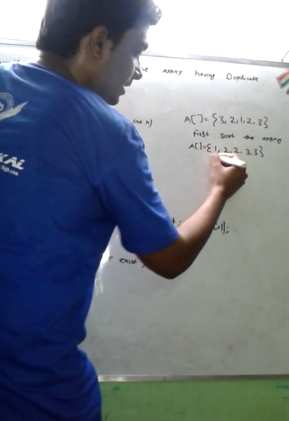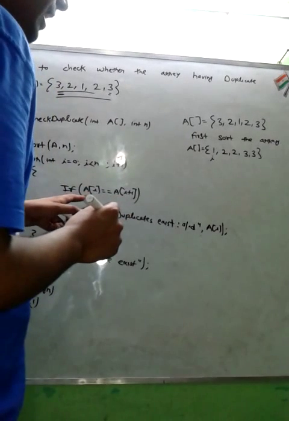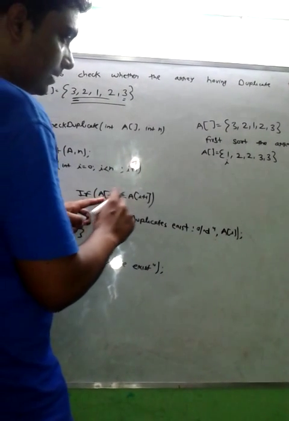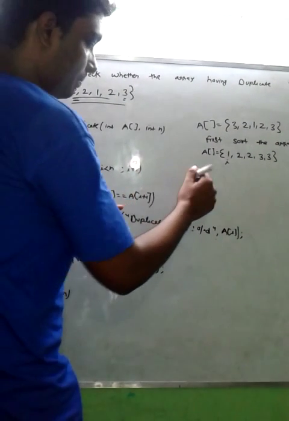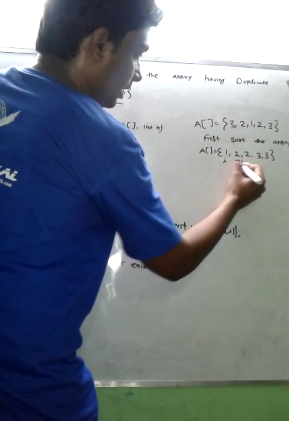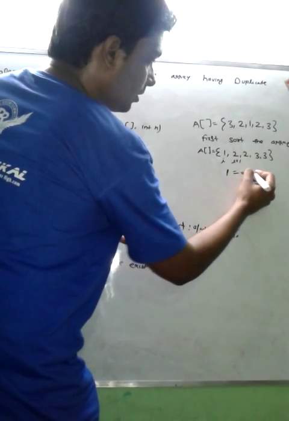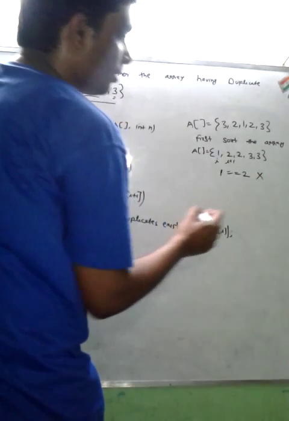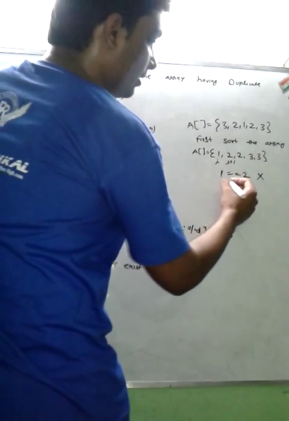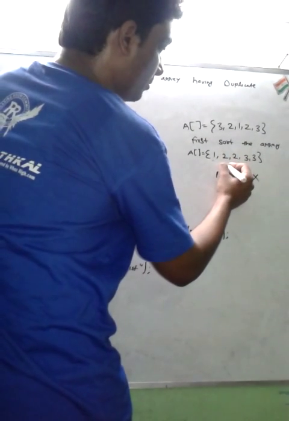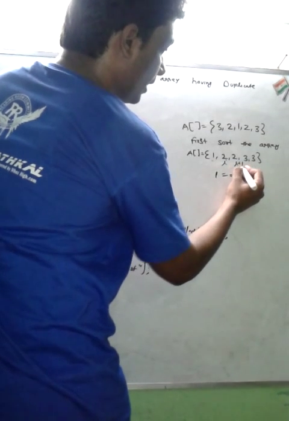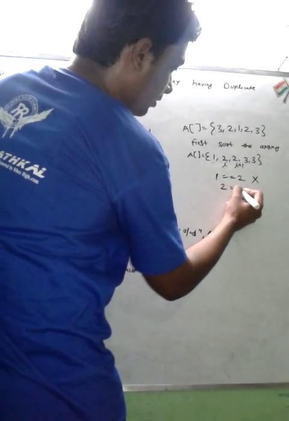So i is here, and we check whether a[i] equals a[i plus 1]. So 1 equal to 2? No, so we increment i. Now i is here and i plus 1 here. 2 equal to 2?